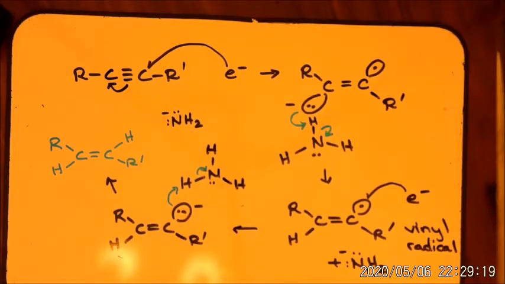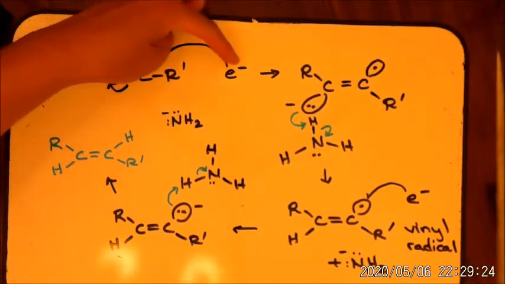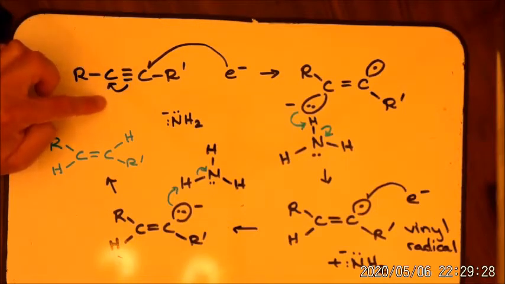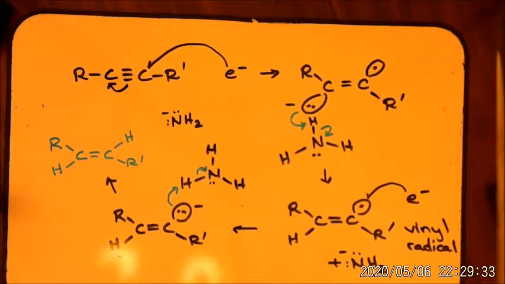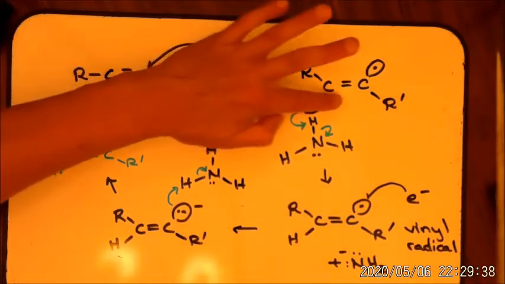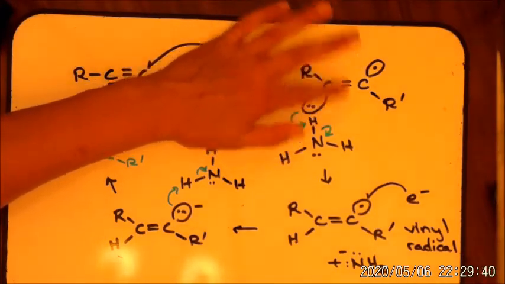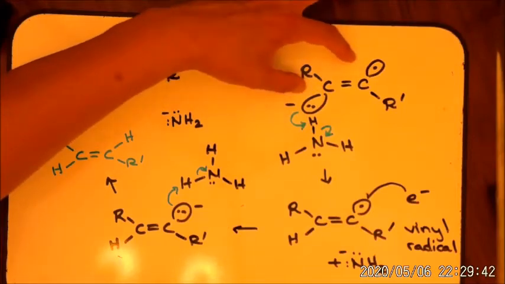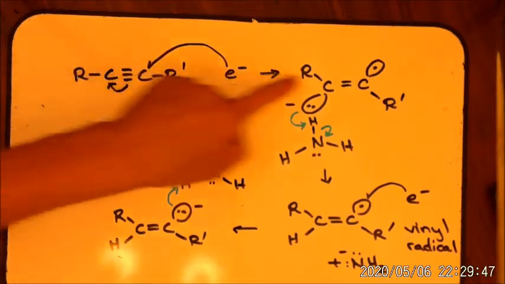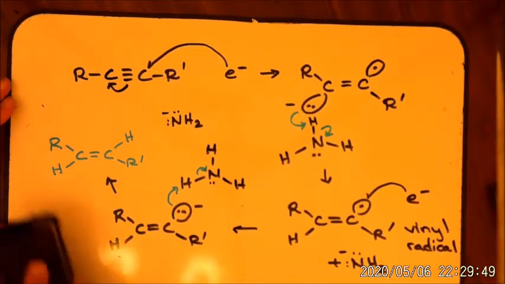So here's the thing. Why do I get the trans? Well, when it does the attack here, it kicks out that lone pair, those 2 electrons here. So it's going to be on opposite sides of the double bond. Now, why does it stay in the trans configuration? Because there's no rotation around this double bond. So once I form it in the trans, it's going to stay in the trans. So this is the mechanism behind making your trans alkene.